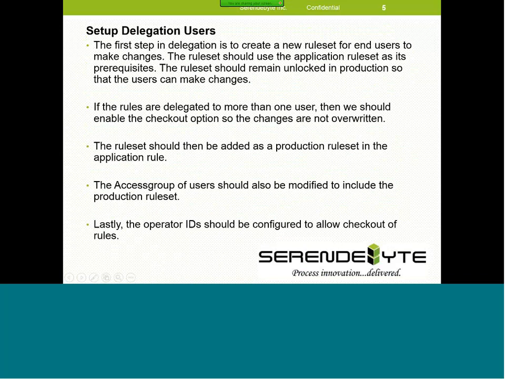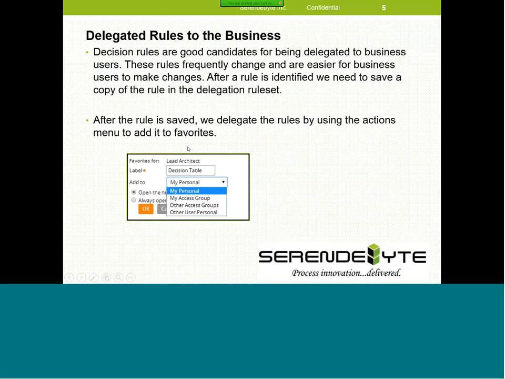So this is what we're discussing right now: delegated rules for more than one user. And you all know what happens when you are doing delegations, right? Let me open one rule.